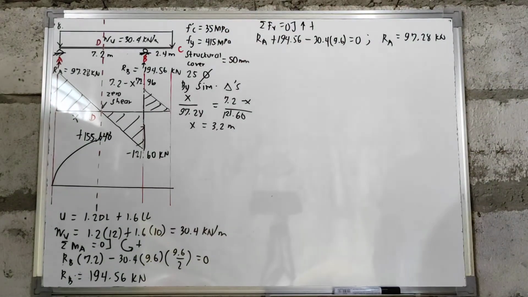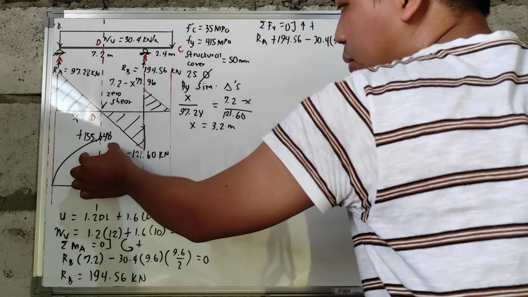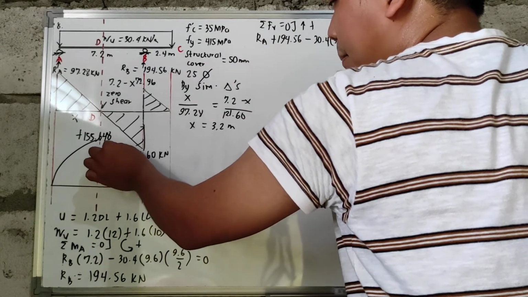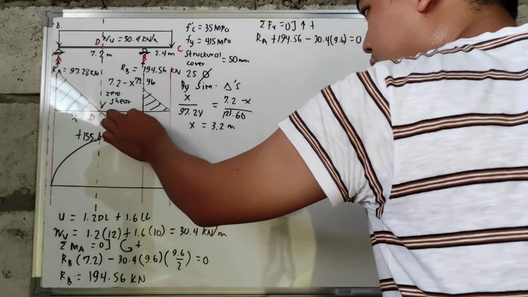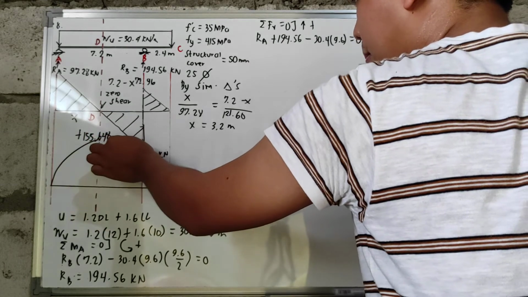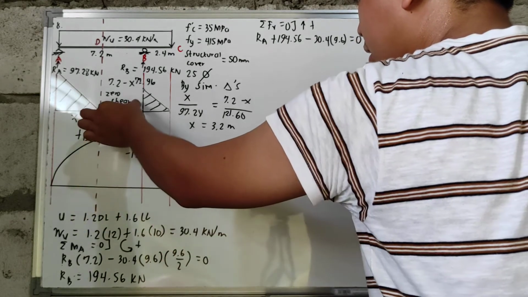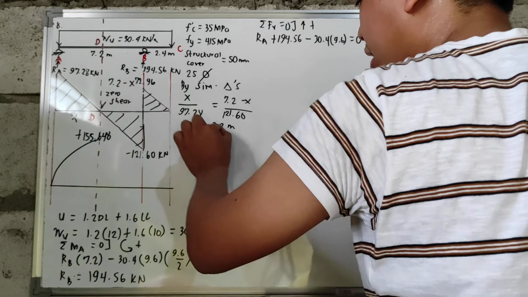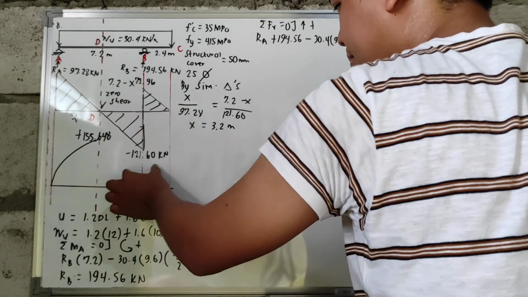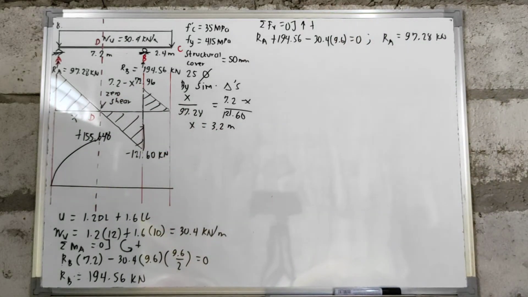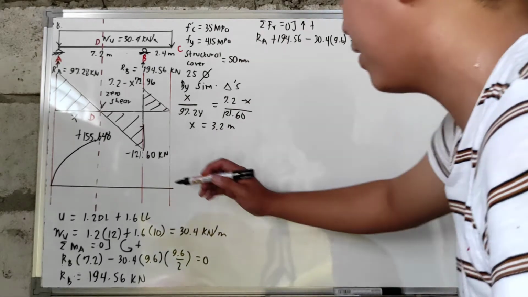Okay, so next naman, ito yung moment natin na 155.648 minus, meron tayo ditong negative area. So, minus 1/2 of 7.2 minus 3.2 multiplied by 121.16. So, we will have a value of negative 87.552.